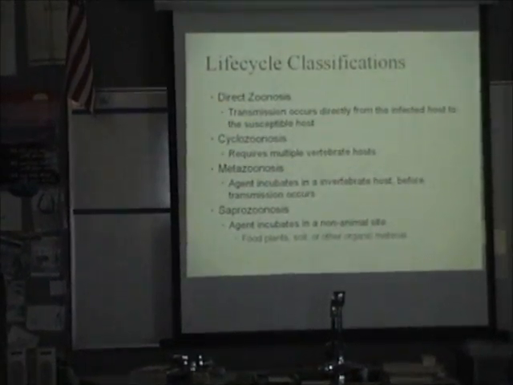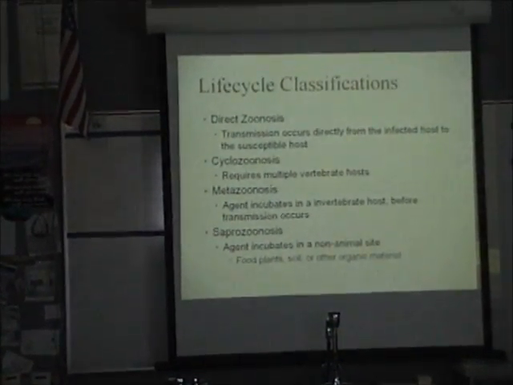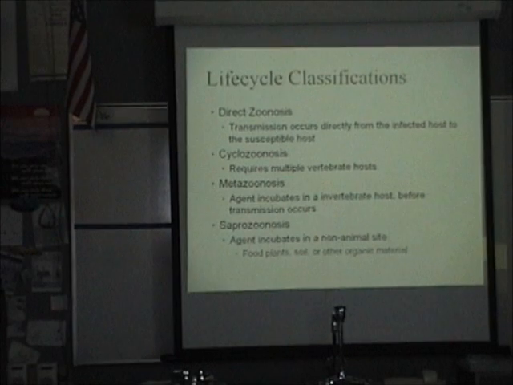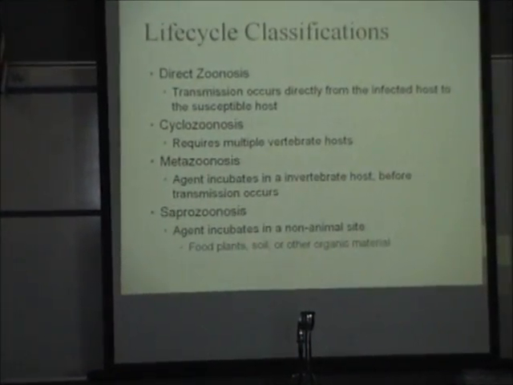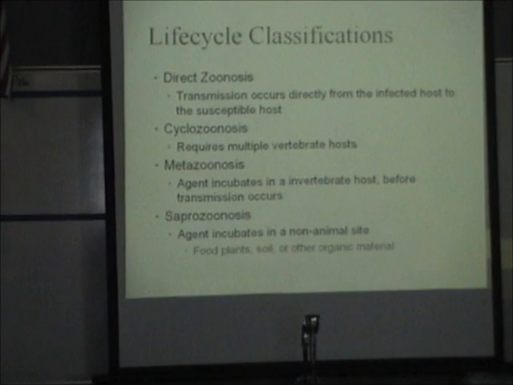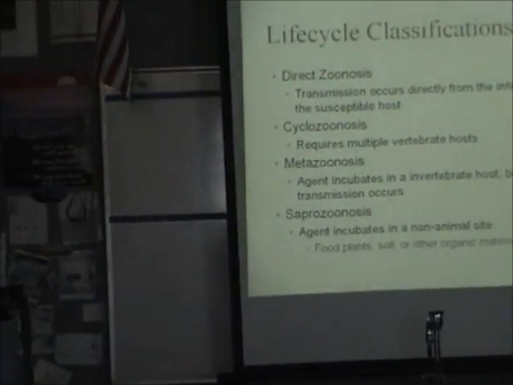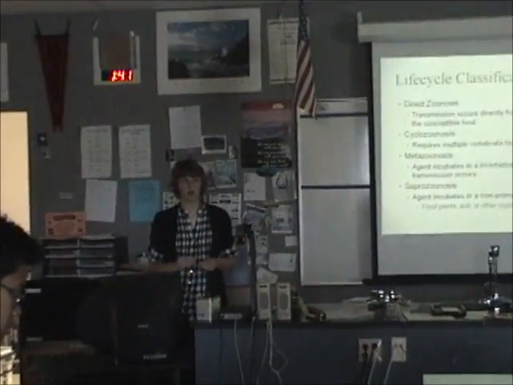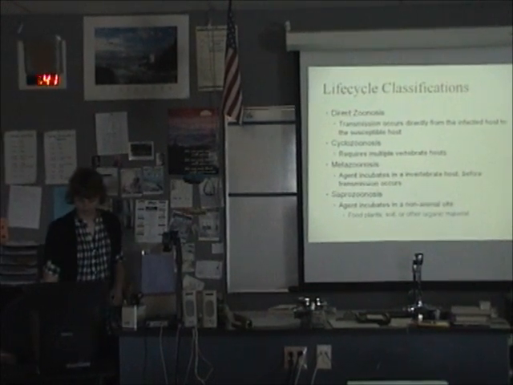And then it can go into different animals, herd animals or humans. Metazoonosis, just like toxoplasmosis requires the feline for its life cycle, needs some invertebrate. It's typically snails and slugs that you see the most of. And then saprozoonosis needs some kind of non-animal site to complete some form of its life cycle.